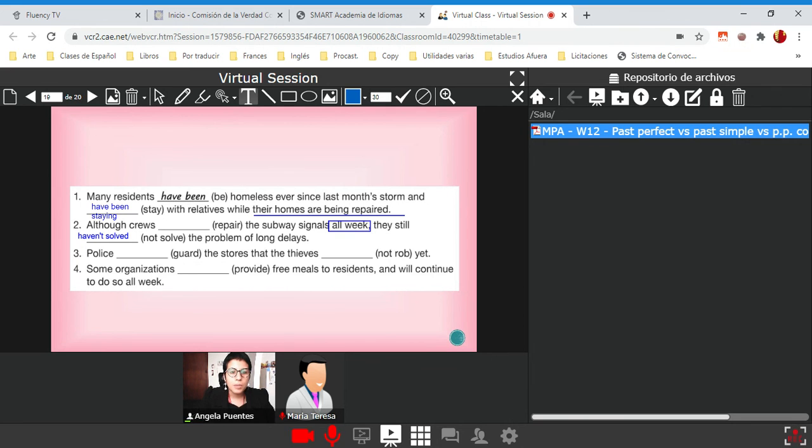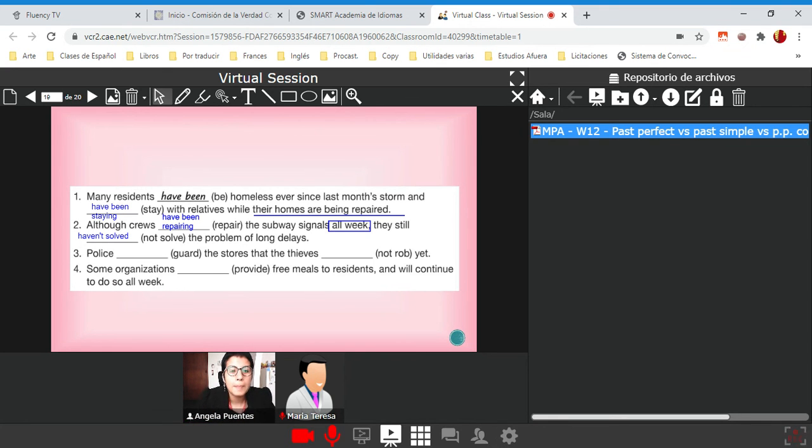So, have been repairing. Han estado reparando toda la semana. ¿Listo? Nos estamos enfocando en el tiempo en el cual ellos han realizado la acción. That is the present perfect continuous when you focus on the time that you use to complete some actions. Han estado reparando, aunque han estado reparando, no se ha solucionado.